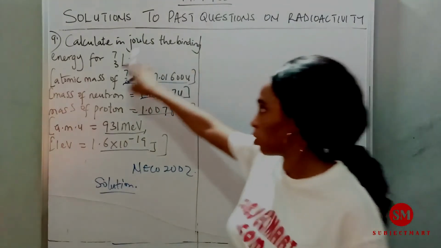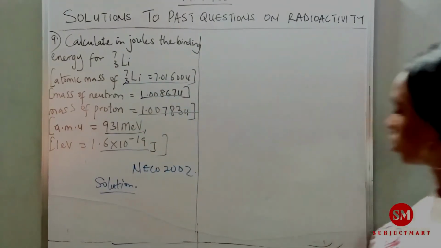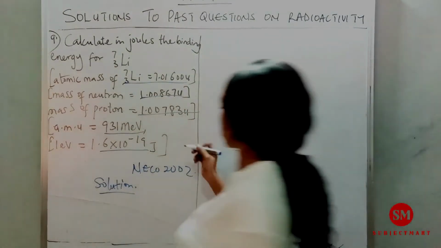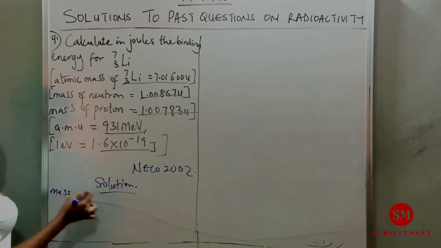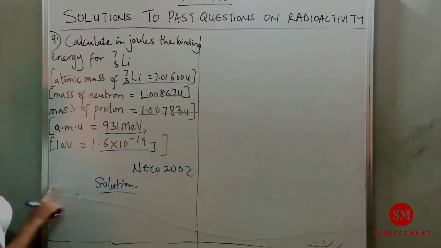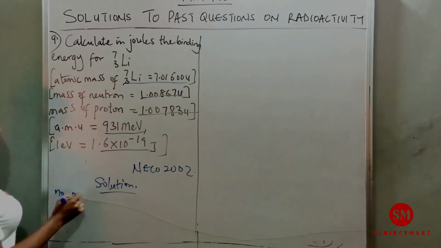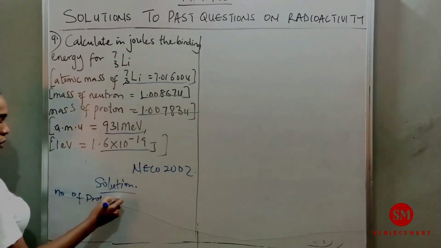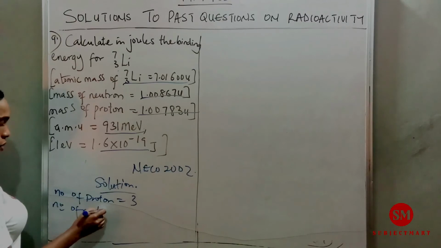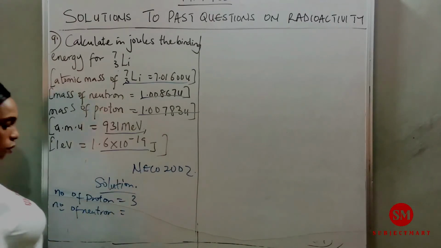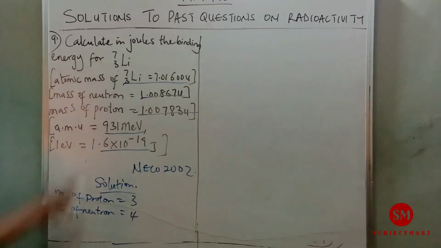That's 7 minus 3, which is going to give us 4. So number of proton is equal to 3. Number of neutron is equal to 4. How did I get that? 7 minus 3 will give me 4.